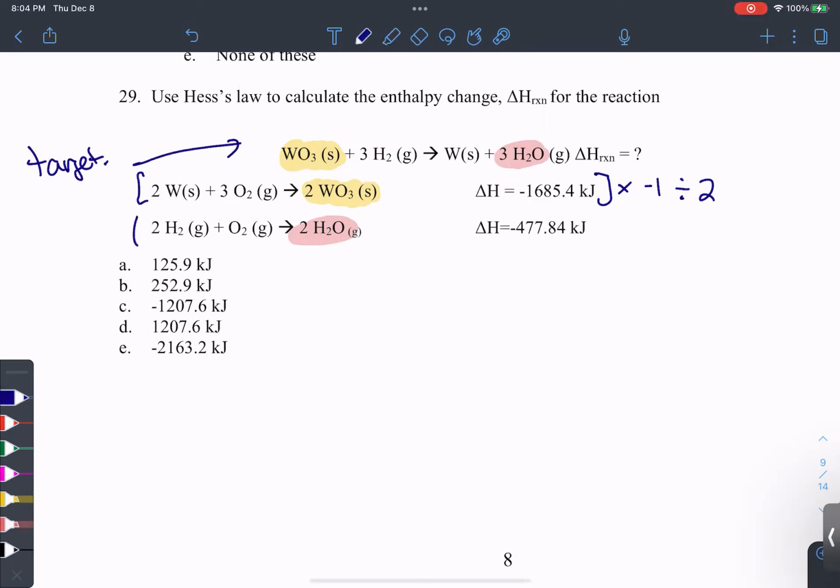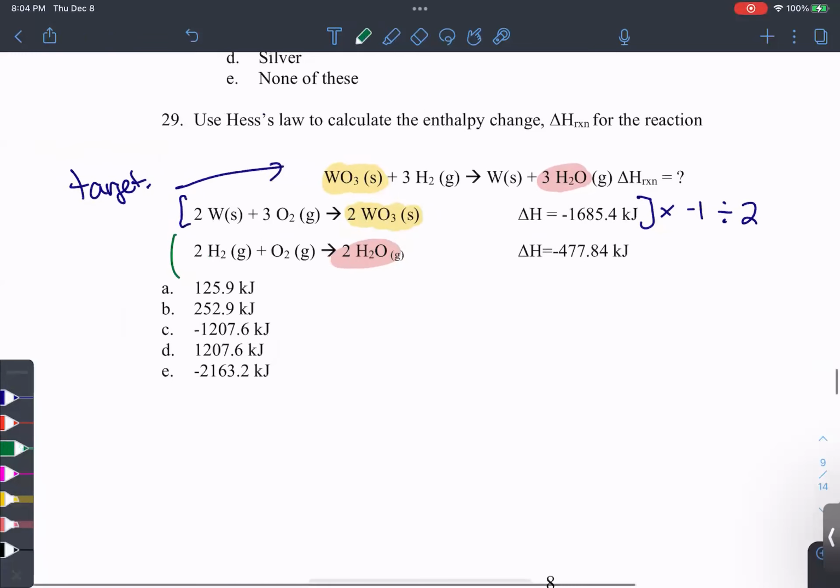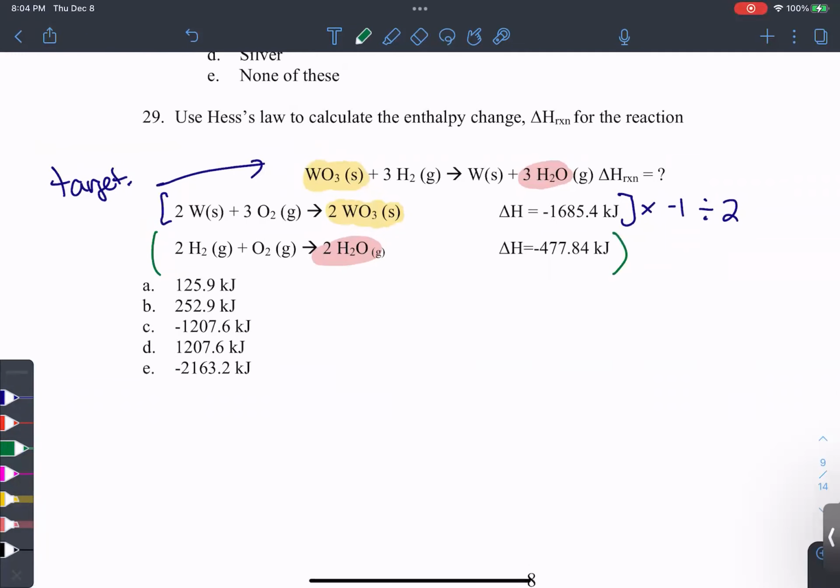No. So this one's a little bit tricky because I already have 2 of them, but I need 3 of them. So I'm going to multiply by 3 halves. All right, that'll get me 3 of them. So you can go ahead and carry over these things across the coefficients and add them up and prove it to yourself that you get the target reaction, but I don't feel like doing that.